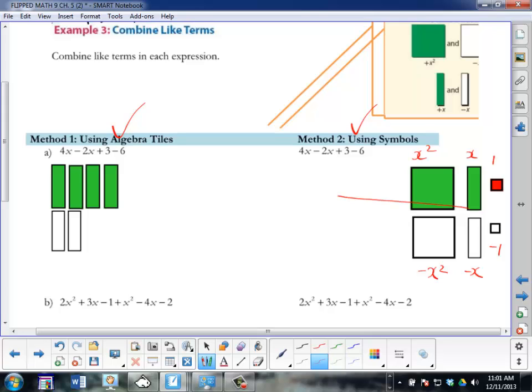Then we've got plus 3, so we've got 3 unit tiles. A little hard to drag. And then we've got minus 6.